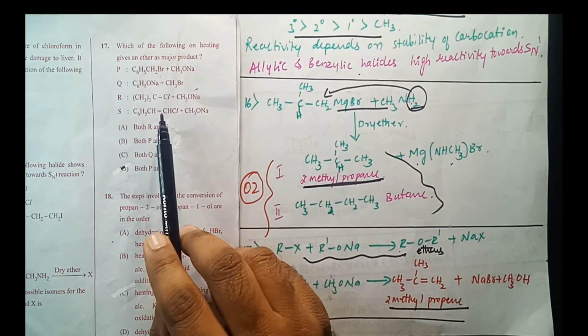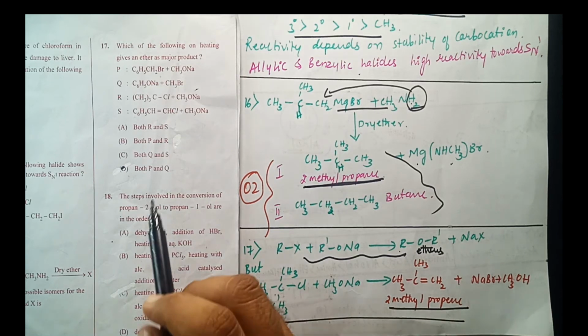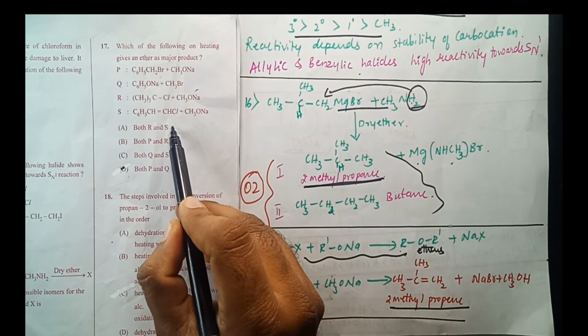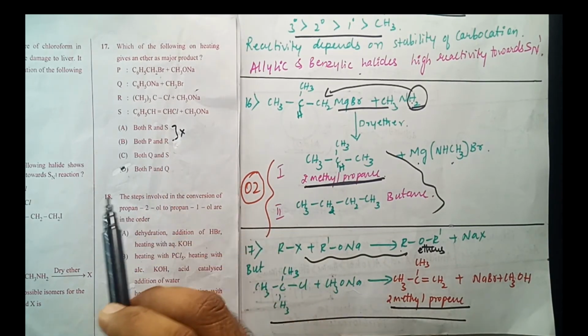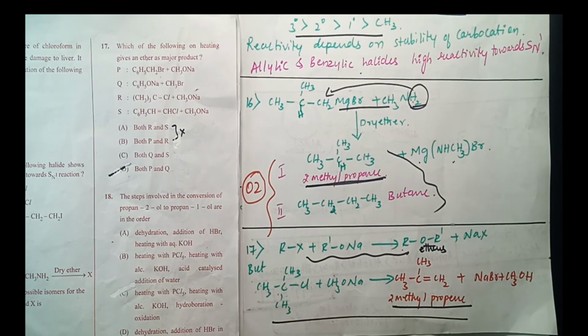The third option, tertiary butyl chloride reacting with sodium methoxide, doesn't give ethers; it gives 2-methyl propene, (CH3)2C=CH2, plus NaCl and CH3OH. So in the options you can eliminate the one containing R, and choose the option which contains P and Q. So the last option is right.